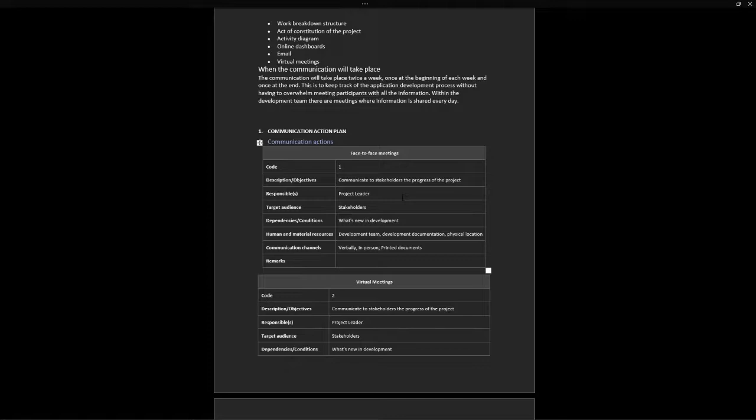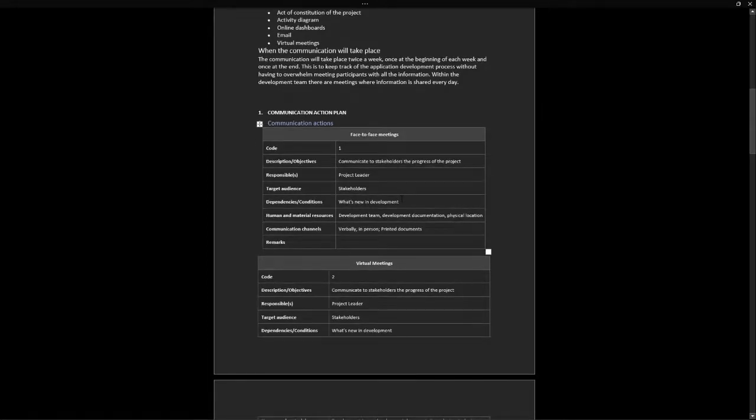The target audience is the stakeholders. The dependencies or conditions: what's new in the development, what is our progress with respect to the last meeting. The human and material resources: we have the development team, the development documentation, and also a physical location, because this is a face-to-face meeting.